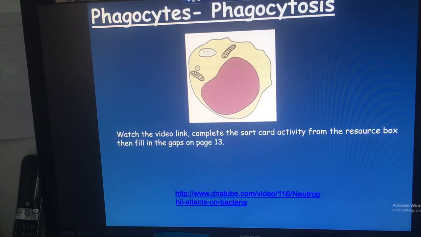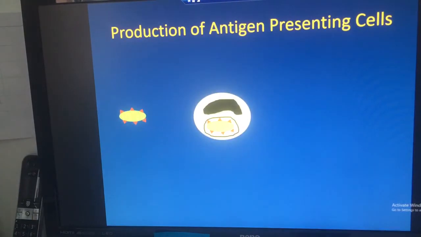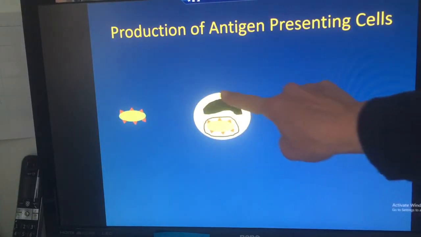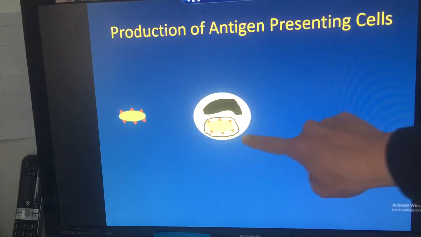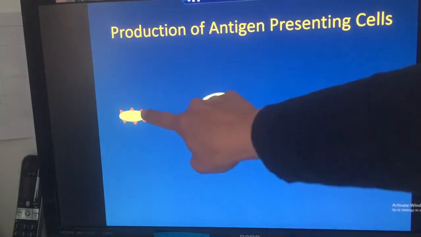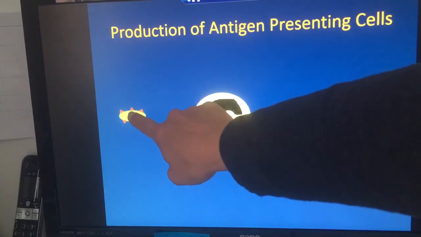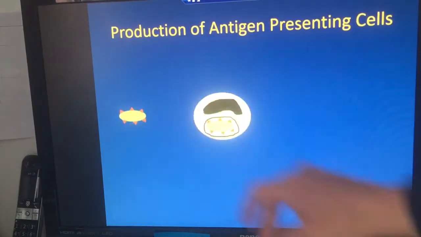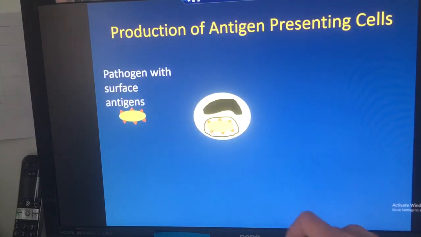If we think about the process of phagocytosis in a macrophage, then in a phagocyte that's slightly bigger and has more of a traditional looking nucleus, so it doesn't have the multi-lobed nucleus, this structure here represents our pathogen, with our red triangles on its cell surface representing the pathogen antigens.